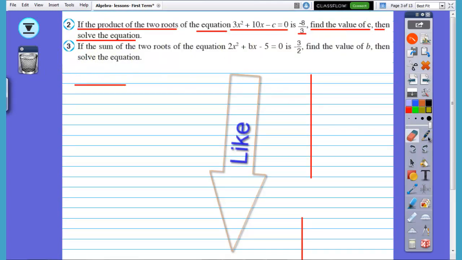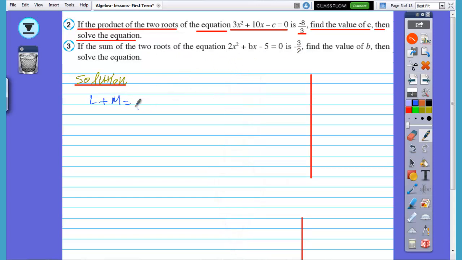Now to solve number 3, solution: we have here the sum of the two roots of this equation. The sum of the two roots is L plus M. The sum of the two roots equals negative 3 over 2. It is given. Also the sum of the two roots, as you know, is negative coefficient of x over coefficient of x squared.